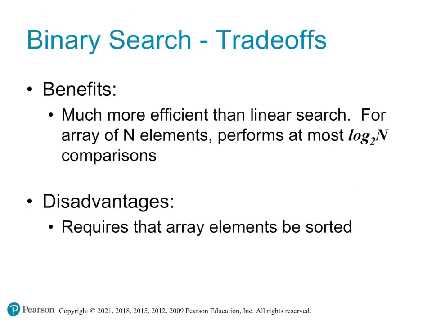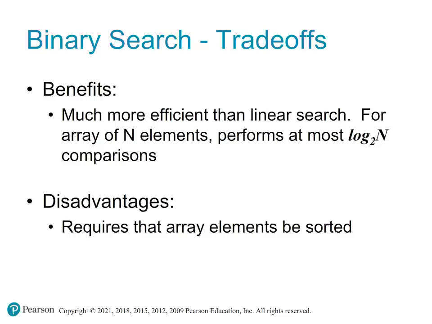For the binary search algorithm, the most significant advantage is its efficiency. For an array with n elements, it performs at most log n comparisons, making it much faster than linear search, especially for large data sets. The disadvantage is it requires the array to be sorted.